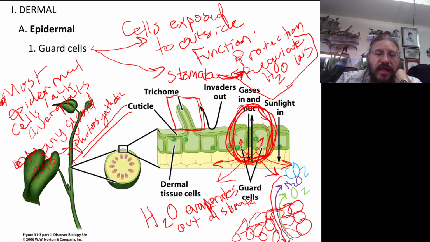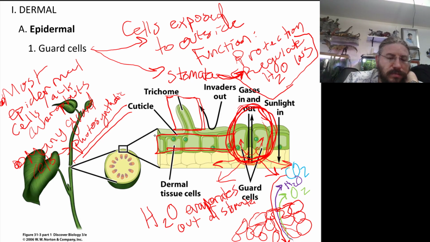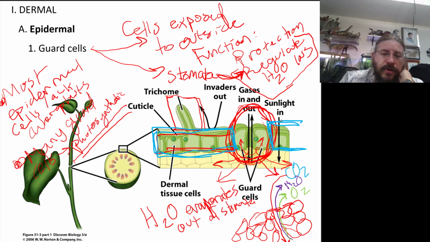The rest of the cells that make up the epidermis are non-photosynthetic. So the epidermis that is not the guard cells is non-photosynthetic.